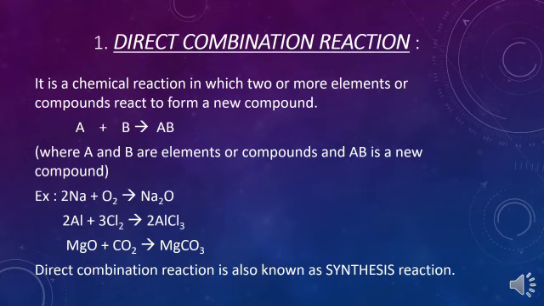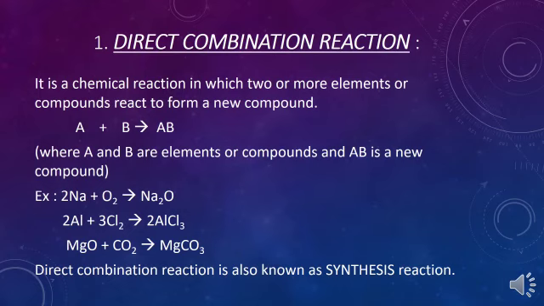It is a chemical reaction in which two or more elements or compounds react to form a new compound. A plus B gives AB. Here A and B indicate elements or compounds, and AB is a new compound produced after the reaction.